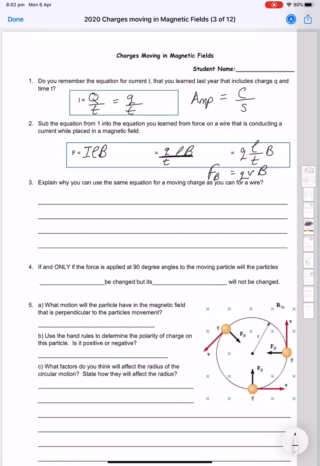So first of all, I'll write that. Charged particles are moving through a wire.